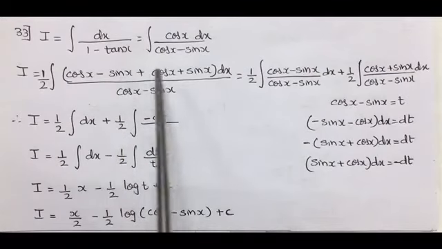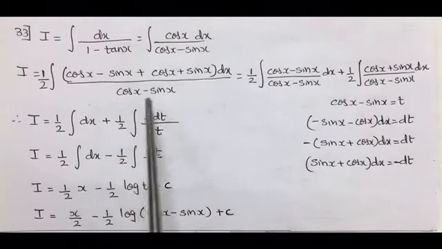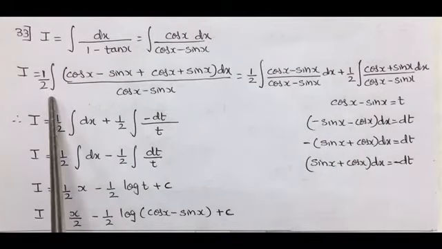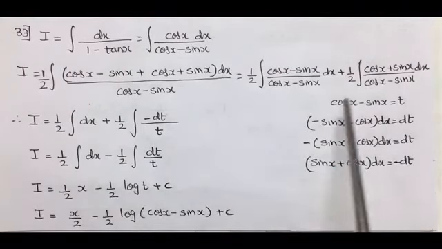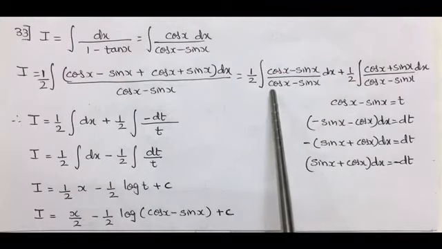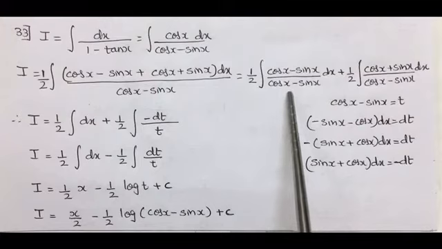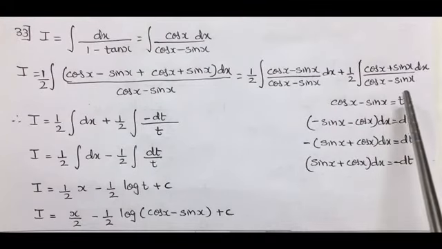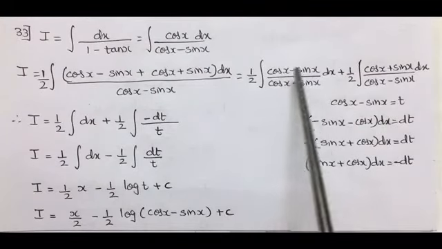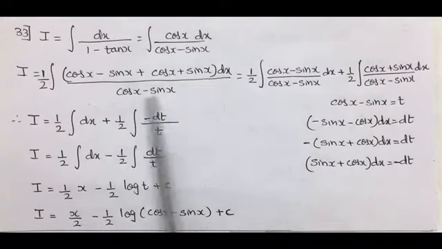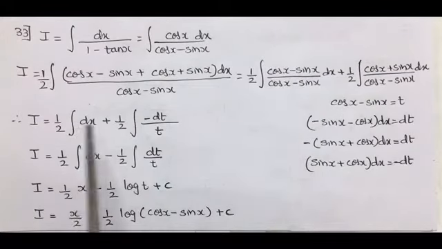Now separately dividing both with cos x minus sin x, and half is multiplied with both, we get this form of the statement. Now here cos x minus sin x upon cos x minus sin x will get cancelled and 1 will remain.